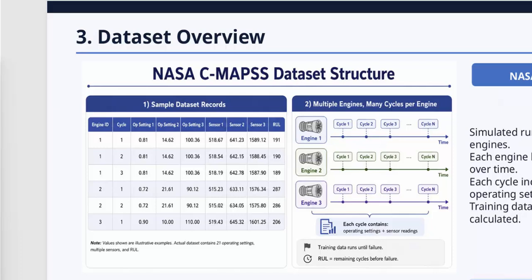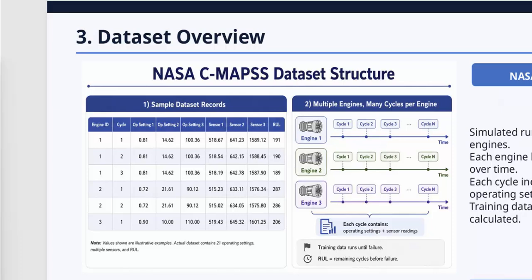This illustration shows how the NASA C-MAPSS dataset is organized, which we use to predict the remaining useful life. It helps to understand not only the data format, but also how the information is arranged for training the model. Picture number one, sample dataset records.